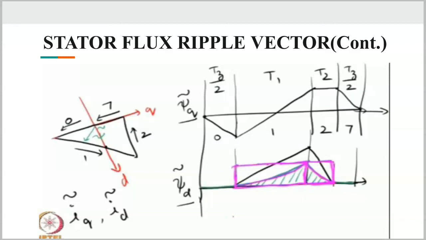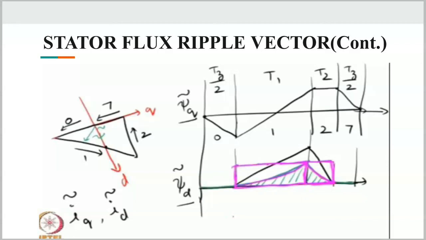This is how the q-axis component of the current ripple vector, or the stator flux ripple vector, changes. In the initial time it is 0. When 0 is applied, it doesn't change at all, and when 7 is applied, it doesn't change.